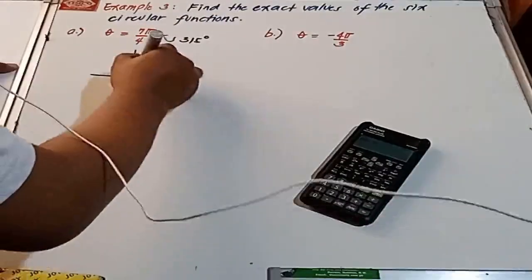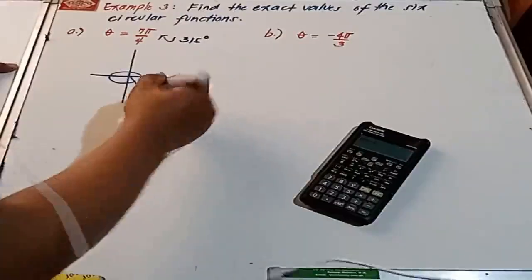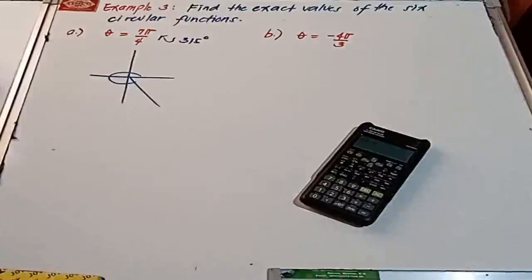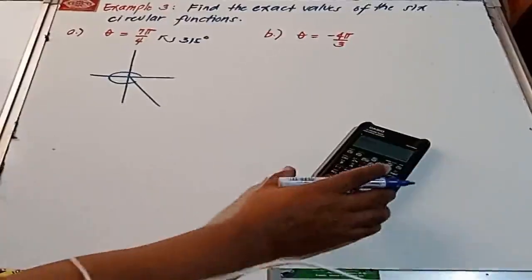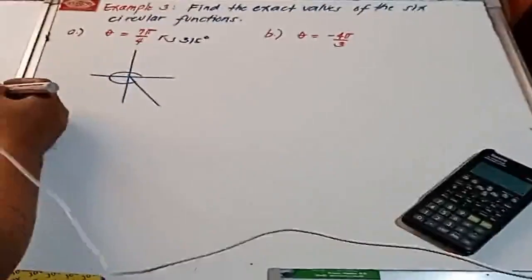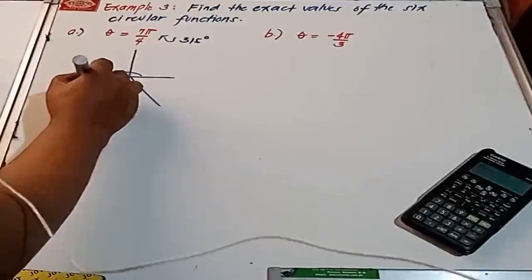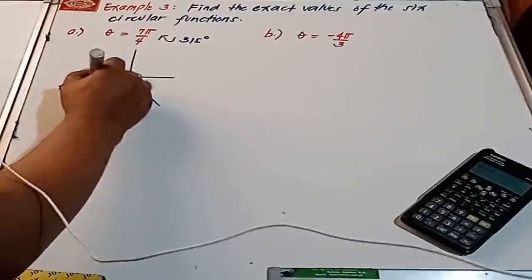Kunin natin reference angle. Okay? So, 315 degrees located sa fourth quadrant. So, theta in standard position is 315.